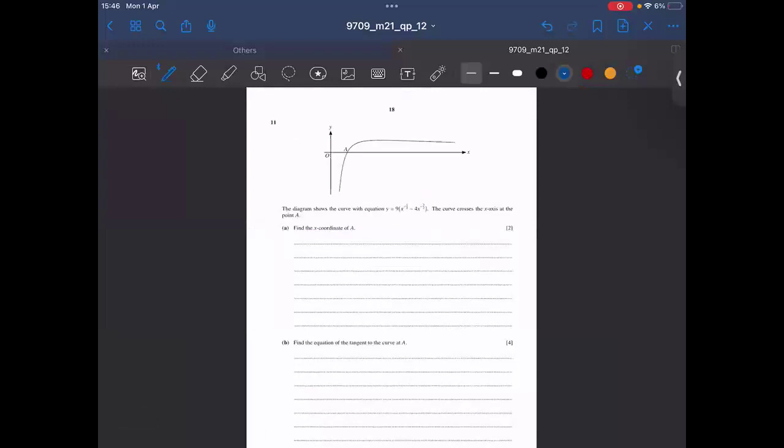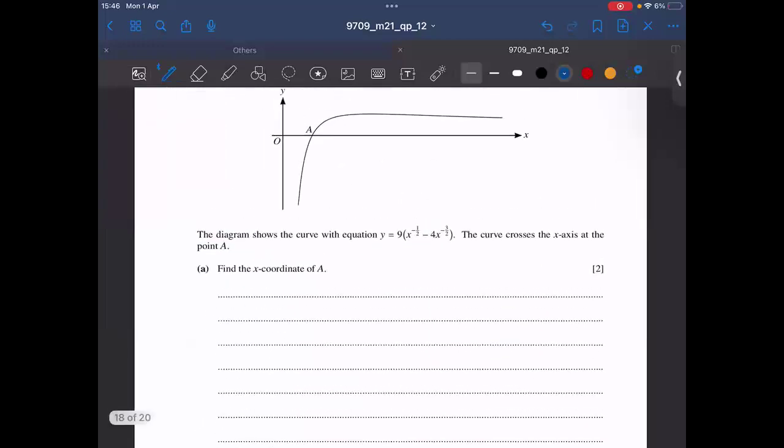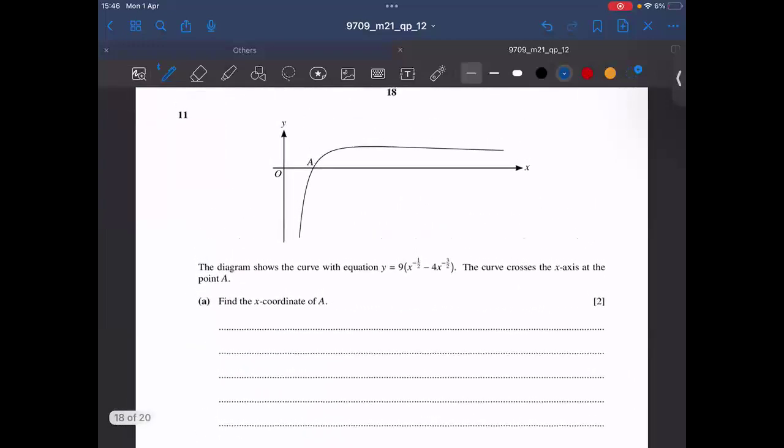One last question. The diagram. So you need to just put up the value, y equals x to the power of half minus 4x to the power of minus 3 over 2.